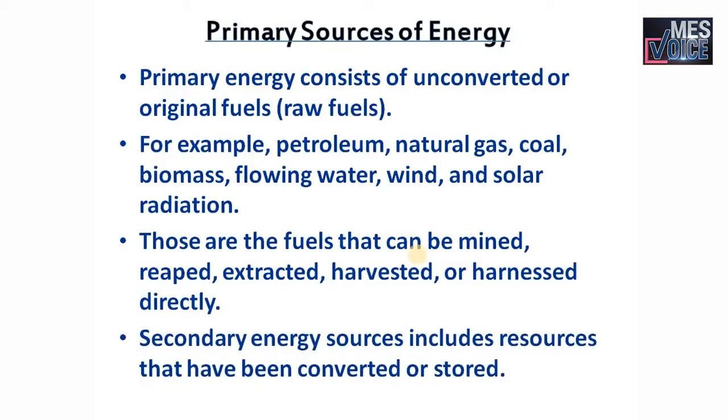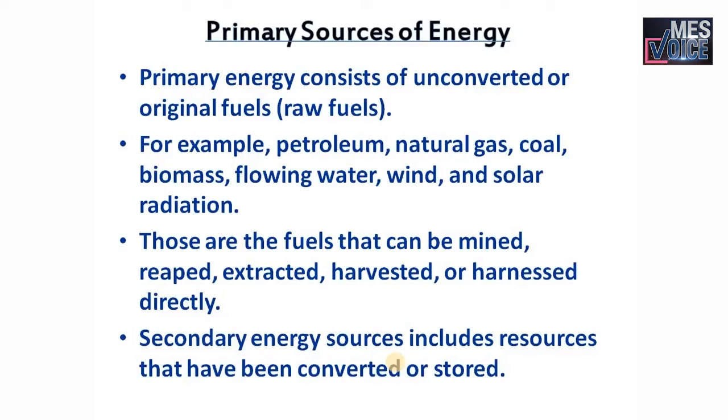Okay, and as far as secondary sources are concerned, they are such sources which are obtained after conversion. That means secondary sources are obtained after performing certain refinement or some processing.